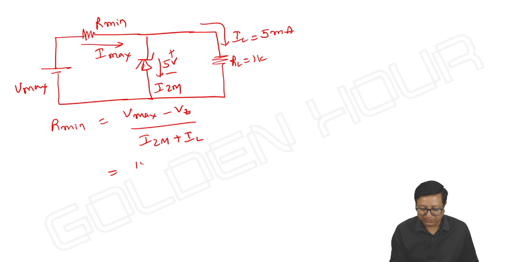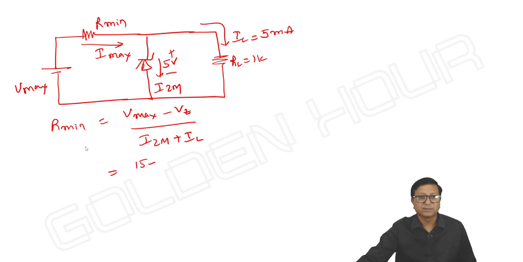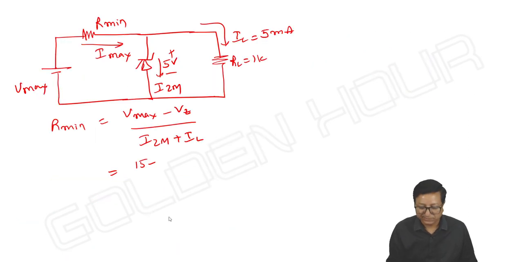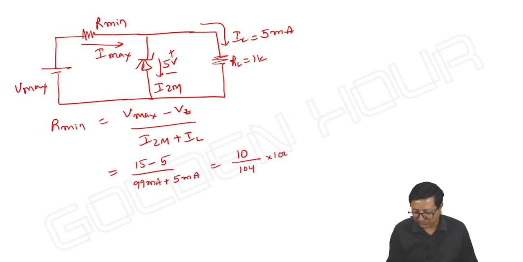Vmax is 15, since it varies from 10 to 15. Okay, 15 minus 5 by IZM, it's 99 milliampere plus 5 milliampere. 10 by 104 into 1000, 10,000 by 104.